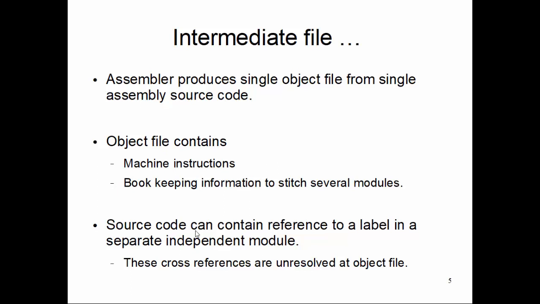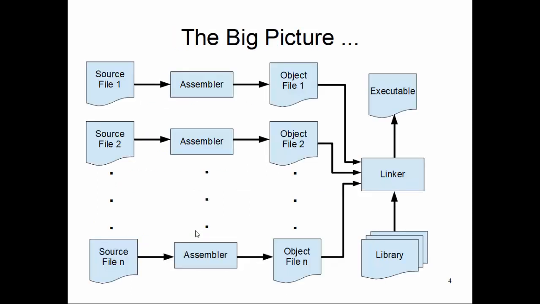It does not have any idea of what that function is, how it is implemented, or where to call it, because it is an unresolved function at that point. So the linker has this global view that object file 1 is referring to a function which is defined in object file 2, so it resolves all the references at that point.